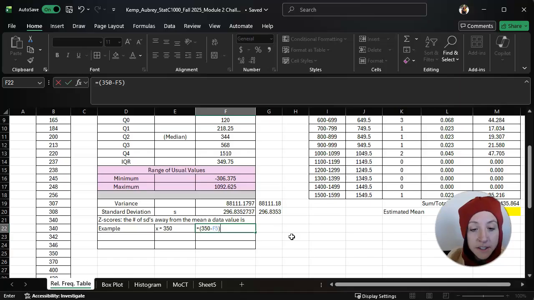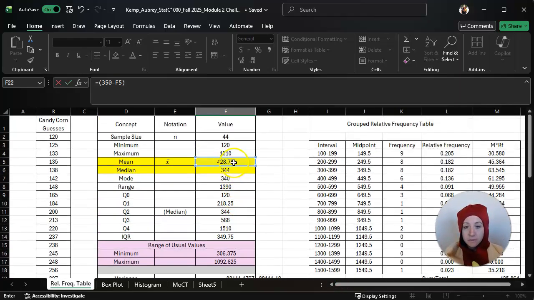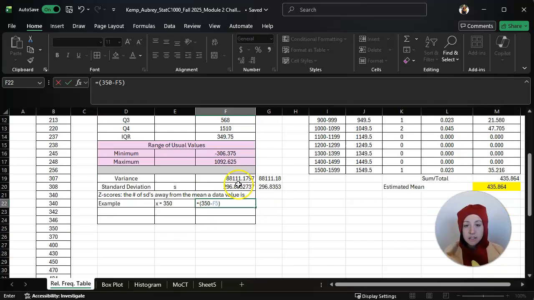So here we have this data value minus the mean, and notice I self-referenced up here. The mean is this value. Then we divide by the standard deviation. What we're doing is essentially finding the distance between this data value and the mean, but then standardizing, or normalizing, it in a way.